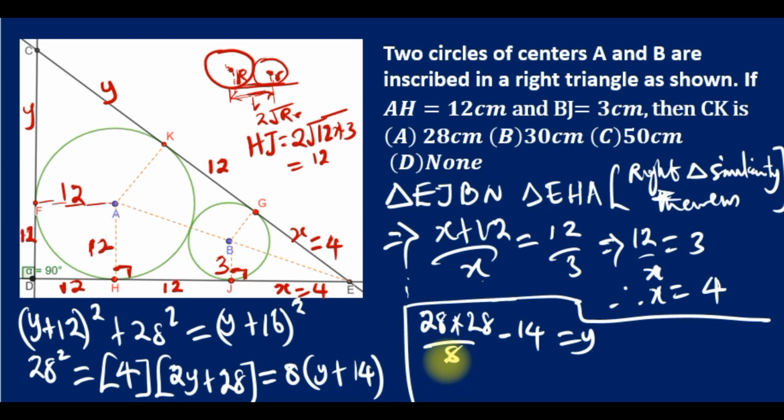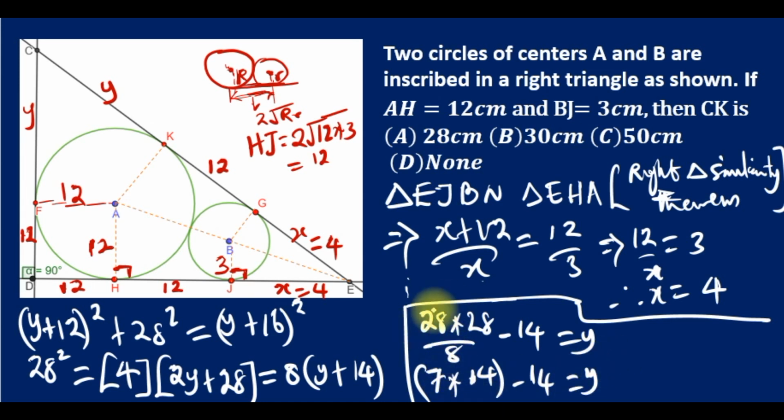So we have 4 in 28 is 7, 4 in 8 is 2, and 2 in that is 14. So we have 7 times 14 minus 14.